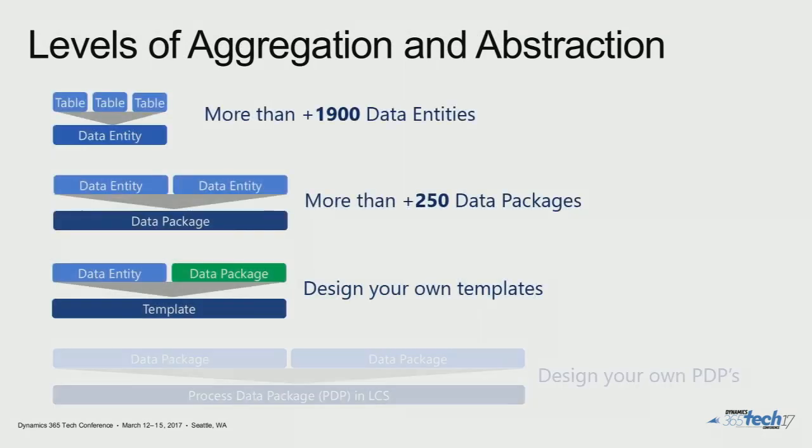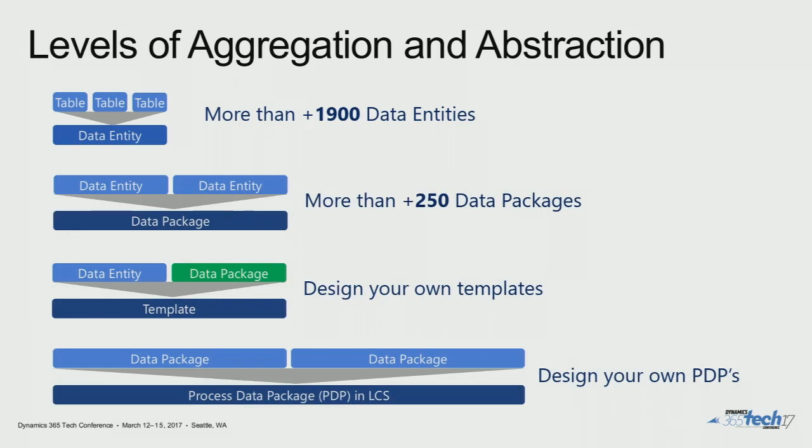Talking about aggregation. I just mentioned data entities, and a data entity is built from a table. But there are more levels. If we take data entities, great. We are shipping more than 1,900 data entities in the standard. This number is increasing.